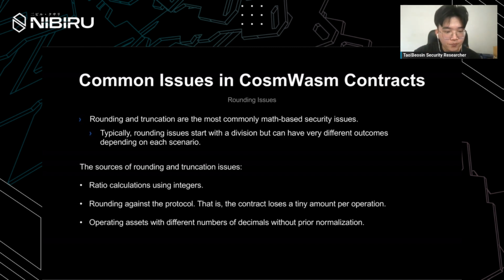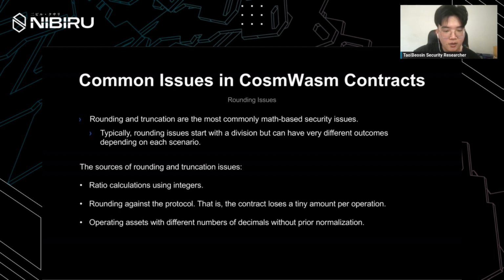And the second one is when the smart contract executes, the rounding issues happen against the protocol.